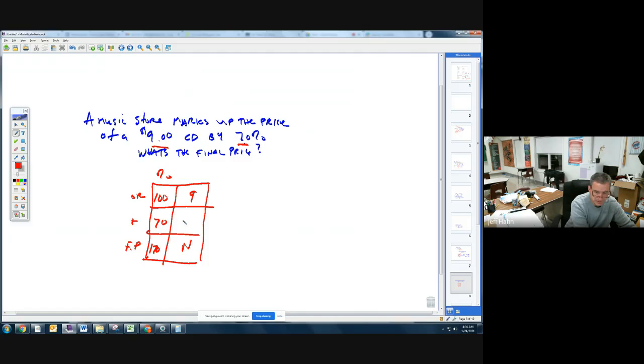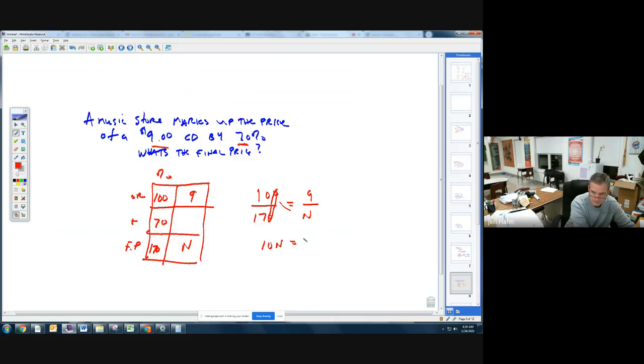I don't need to know how much it went up. I just want to know what its final price is. So 100 over 170 equals 9 over n. Boom. 100, again, cross multiplying. Or if you want to make the problem simpler, we could reduce this fraction, make it 10 over 17. 10 times n equals 9 times 17.